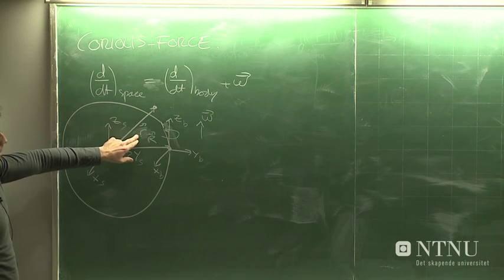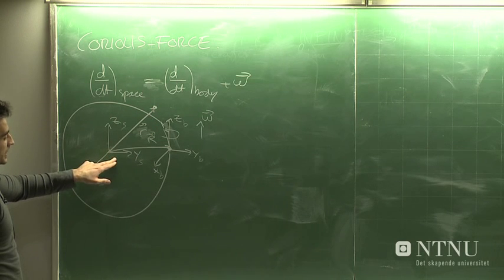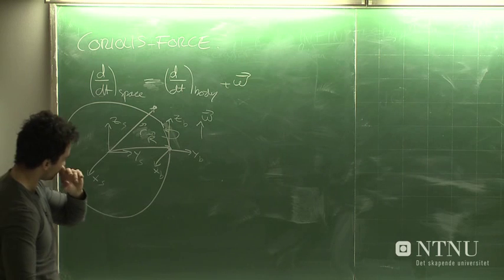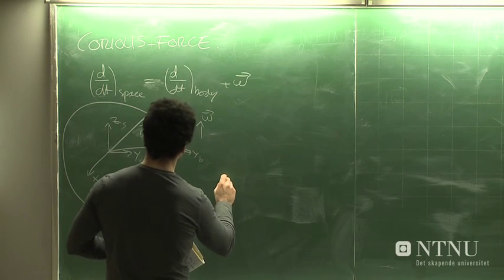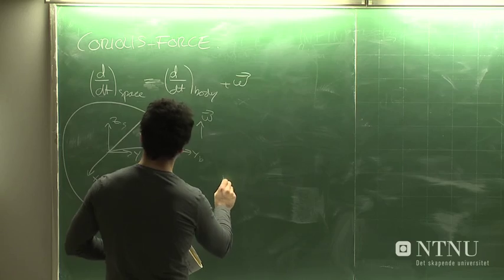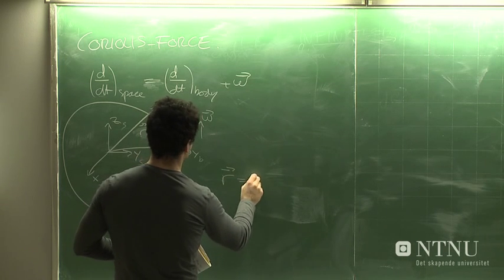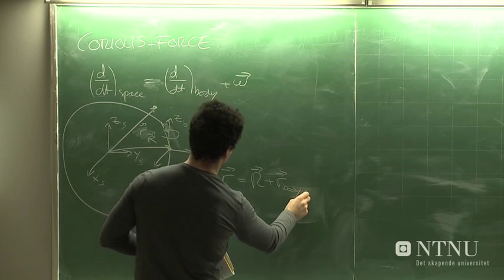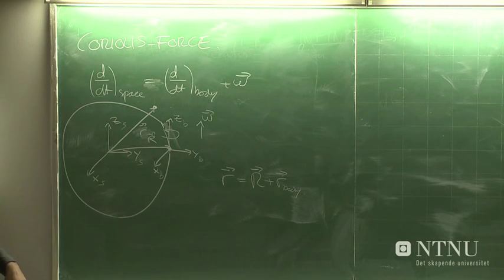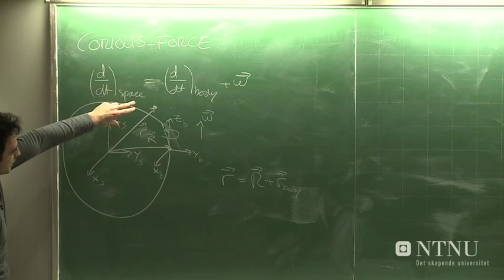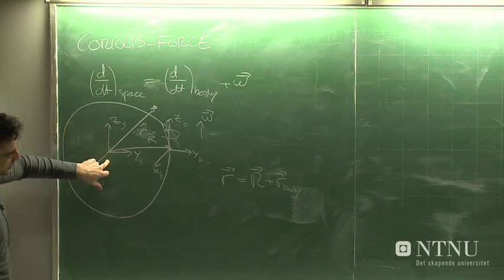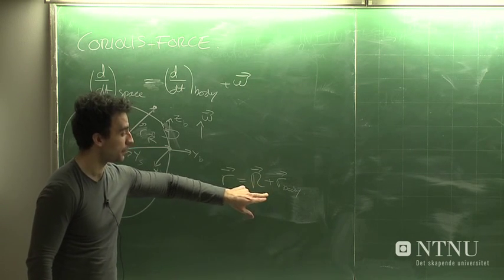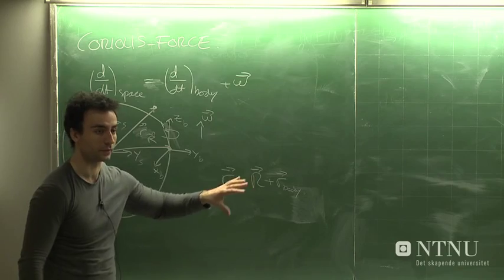Let me denote r as the vector to this point as seen from the stationary system, and large R as the vector connecting the two origins. I should have this. So the position vector as seen from the stationary system is given as the position vector as seen from the body system plus the vector connecting these two origins.